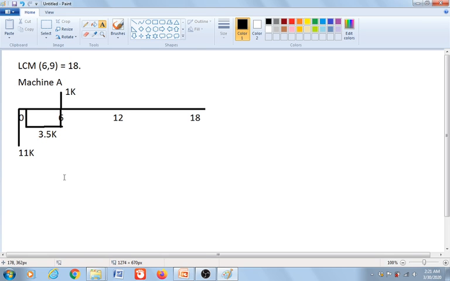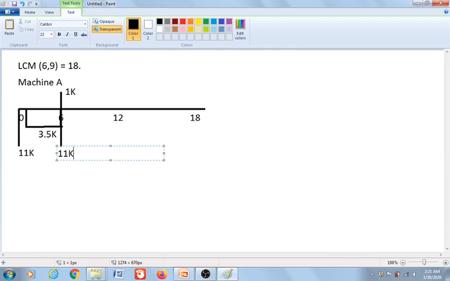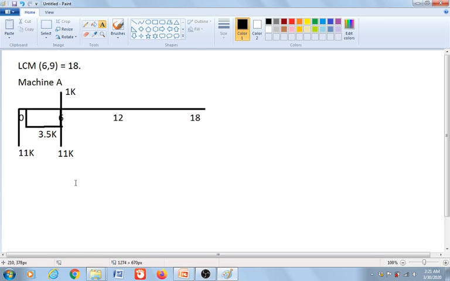But remember, this is the first machine. So at the end of year 6, we need to buy a new machine. With the new machine, we're going to have a cash flow which is also 11k. And we need to pay for the operation and maintenance costs.